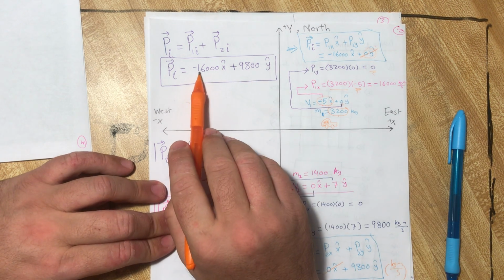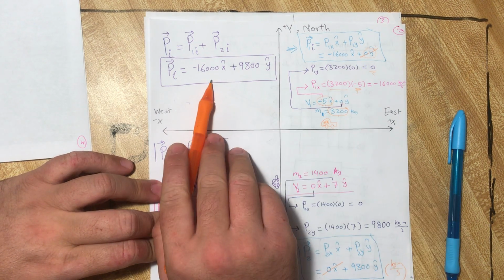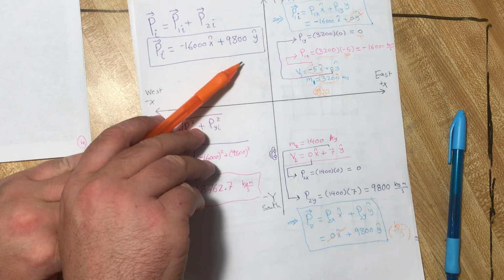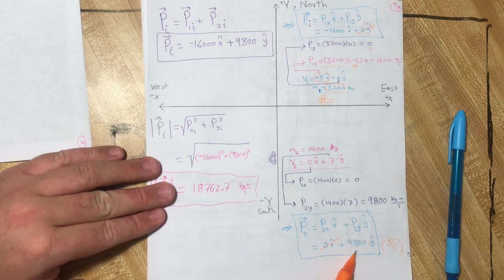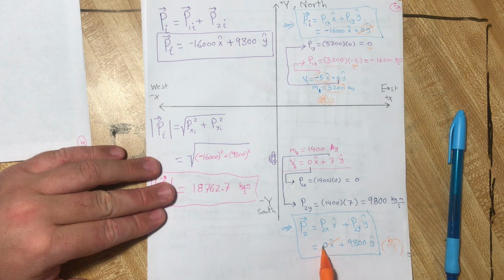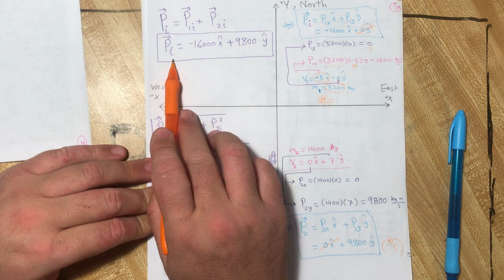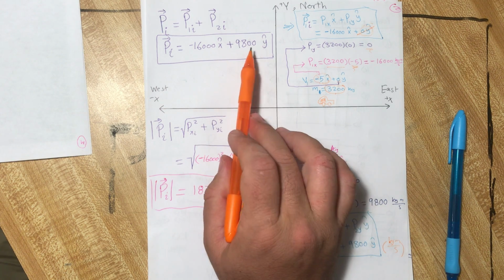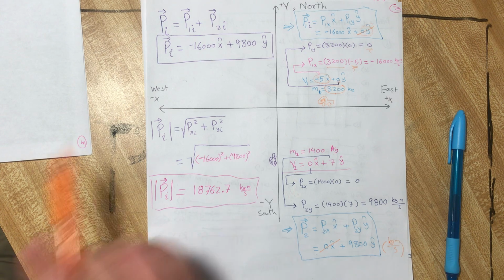It is minus 16,000 in x direction. Plus 0, we will not put it. Now we go to the second object, the car, which has momentum just in y direction, which is 9,800 in y direction. So the initial momentum for our system as a vector is negative 16,000 in x hat plus 9,800 in y hat.